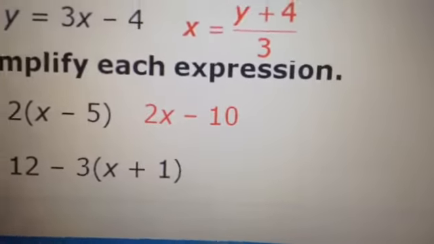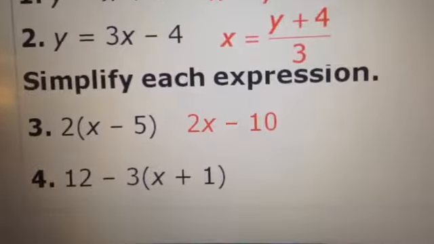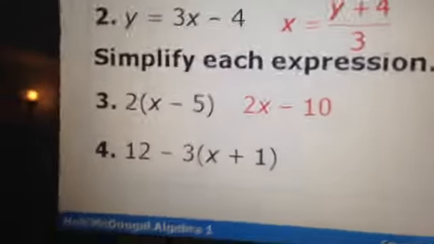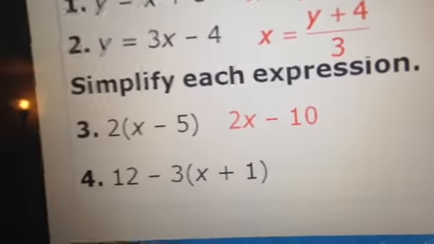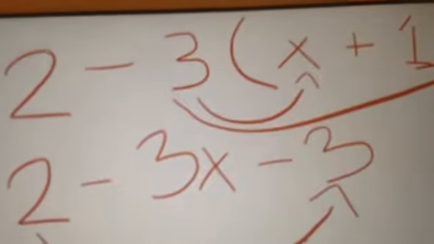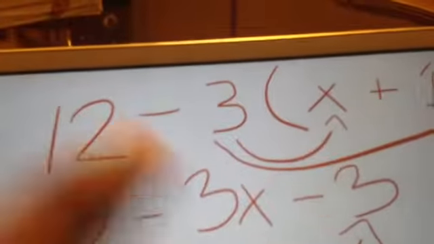Okay, and the last one is 12 minus 3 bracket x plus 1. It's pretty much the same as number 3, but let's show you how to do it. So 12 minus 3 bracket x plus 1. What you have to do is the 12 stays the same.